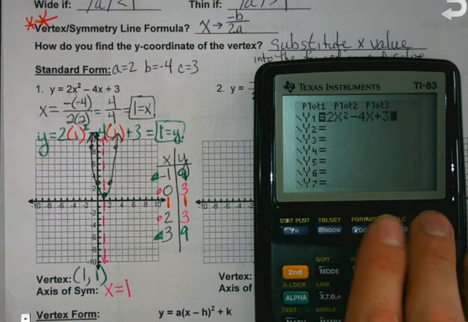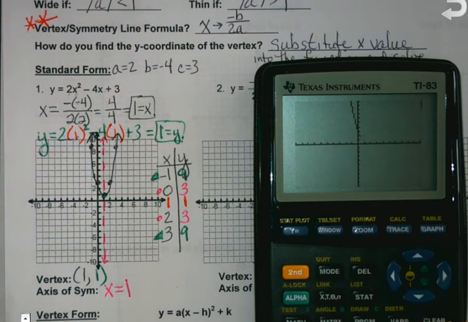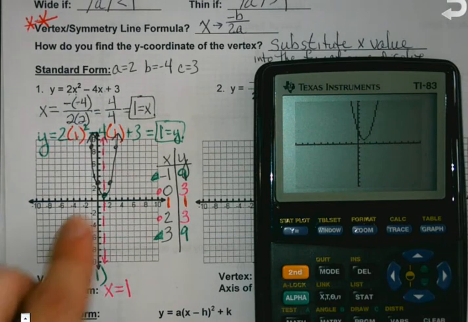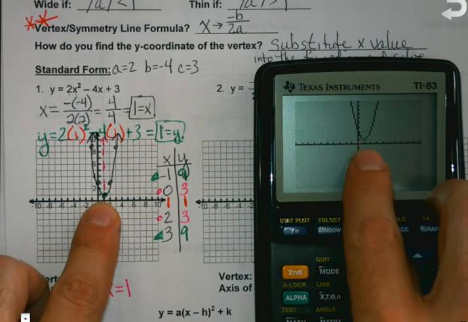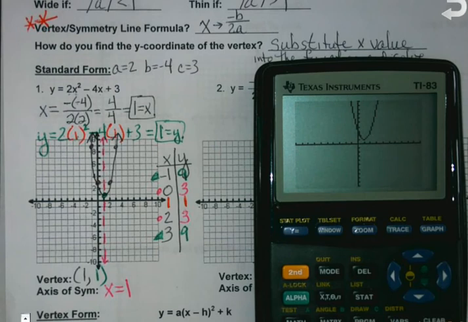All right, let's check this out. It's actually set now when we get to it. So when I punch that in and see it, I'm like, yeah, that looks like mine. My vertex is just a little bit to the right of the y-axis.